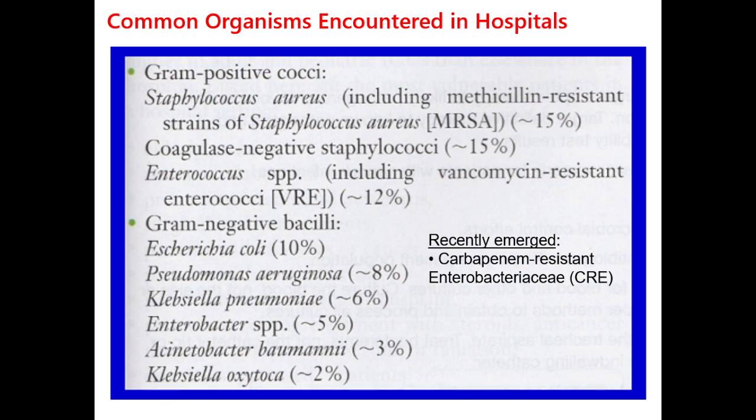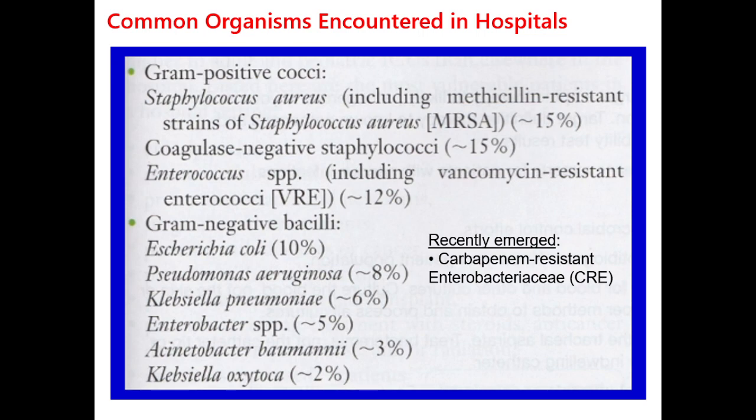You can see the common microorganisms encountered in hospitals. Gram-positive, as I said, Staph aureus, including MRSA, about 15%, which is a high percent, and coagulase negative staphylococci, including Staph epidermidis.